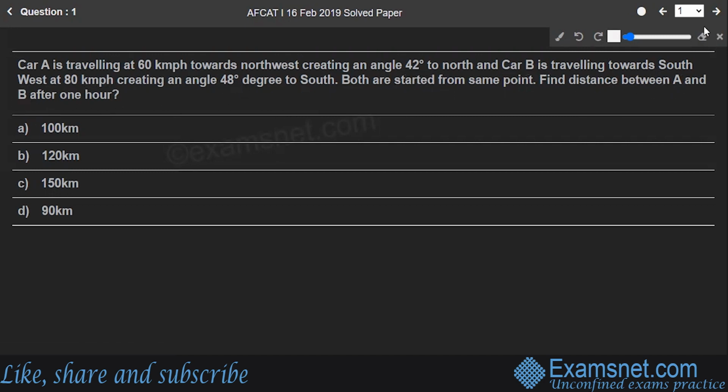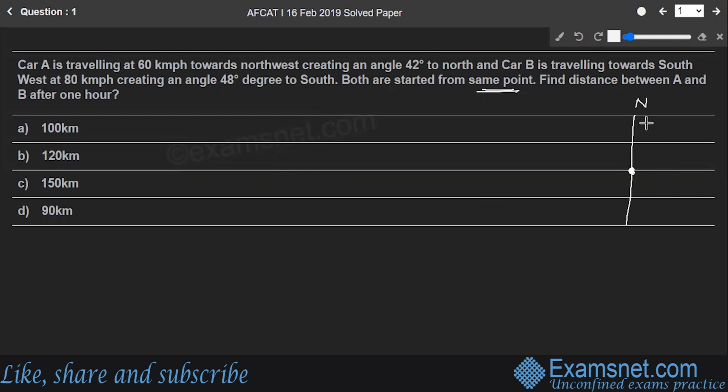You need to have a figure of how things are working in this situation. First, they both are starting from a common point, the same point. So here is the point where both the cars are starting. Car A is traveling at 60 kilometers per hour towards northwest.